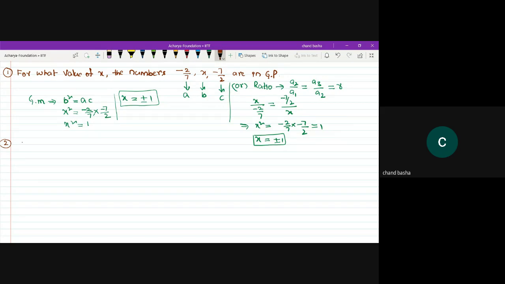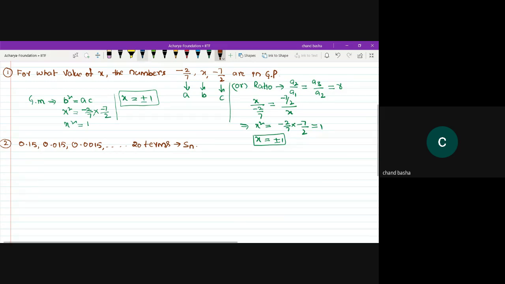So he's asking 0.15, 0.015, 0.0015 and so on, which are total 20 terms given. Then find Sn, sum of 20 terms. Hope you can understand my question. It is asking the sum of 20 terms of the given sequence of numbers.